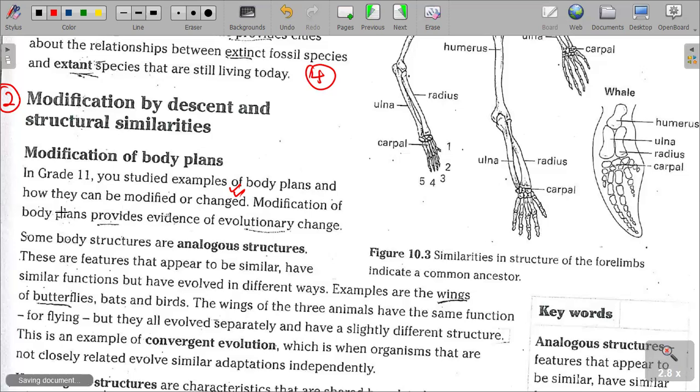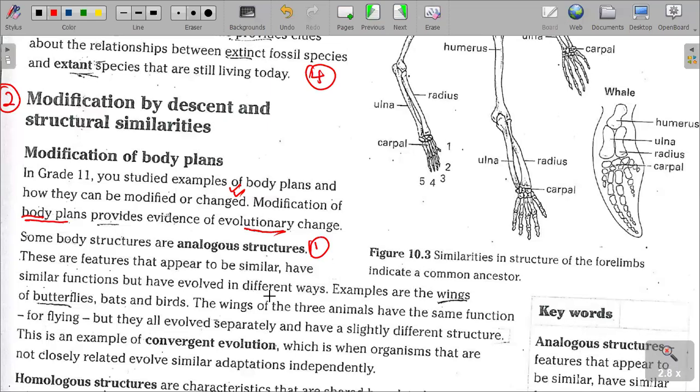Body plans can provide evidence of evolutionary change.